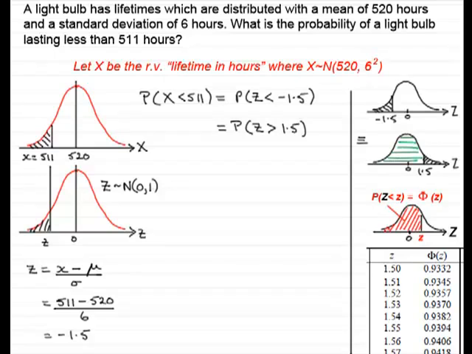Okay, so all we need to do is write in that this is the same as 1 minus the probability that z is less than 1.5. Now, the probability that z is less than 1.5 can be written as phi of 1.5. You don't have to write that in, but I'll just write that in just in case you want to do that.